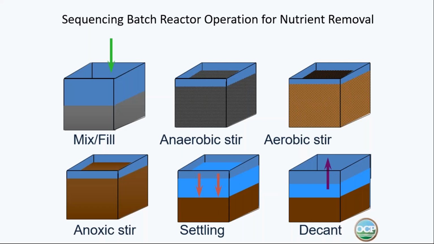Then you stop the addition of air, continue stirring, and allow the mix to go anoxic, less than 0.5 part per million of DO. That will allow denitrification to occur. Then you allow the tank to settle, decant the clear water to your next step. So oxidation ditches and SBRs are very good for allowing nutrient removal.